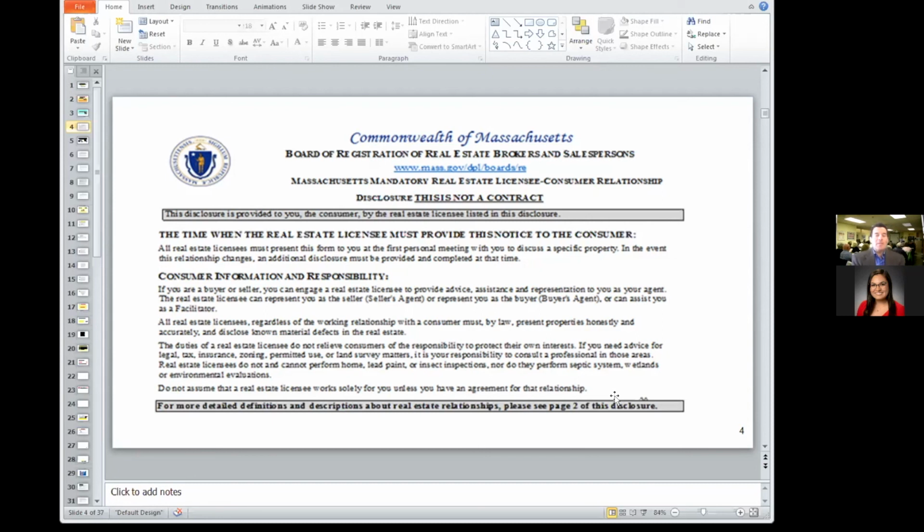So if somebody walks into your office and they just want to look at a house and they don't want you to be their fiduciary, it's against the law for you to discuss that property unless you have them sign an agency disclosure form. And you would check off facilitator, unless it was an in-house listing or your listing, and then you would check off seller's agent. But you have to give them one, absolutely.